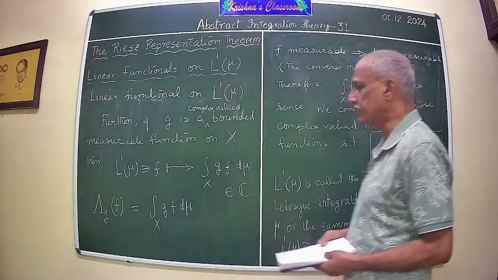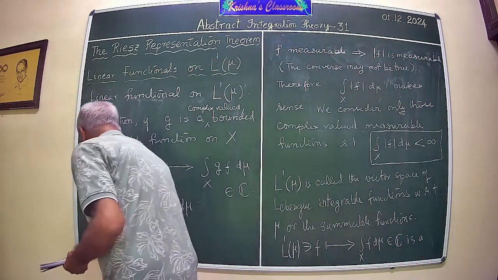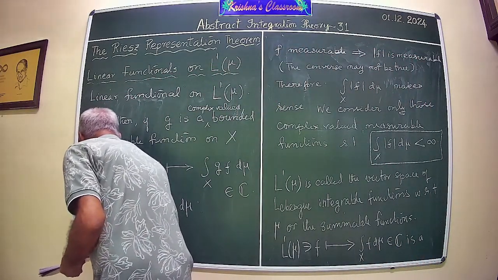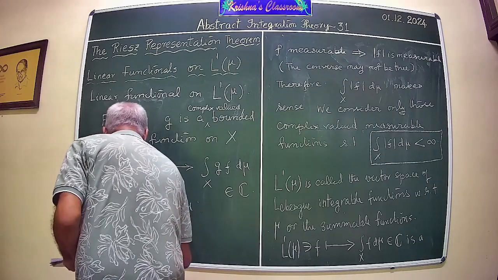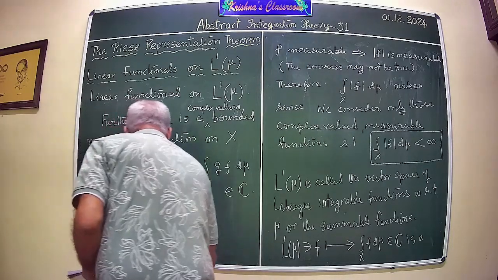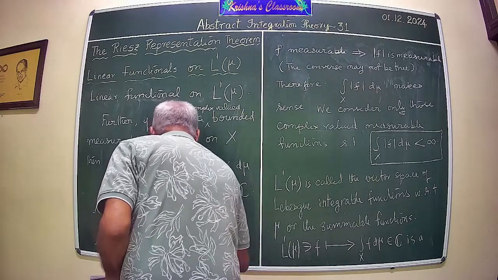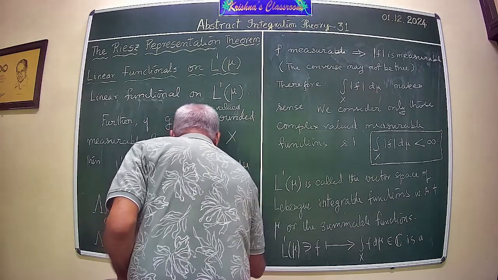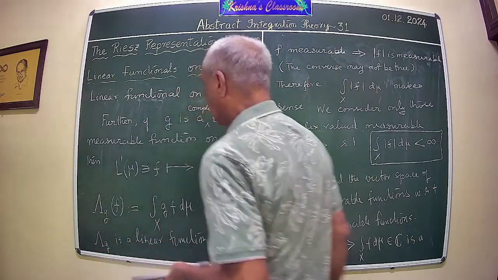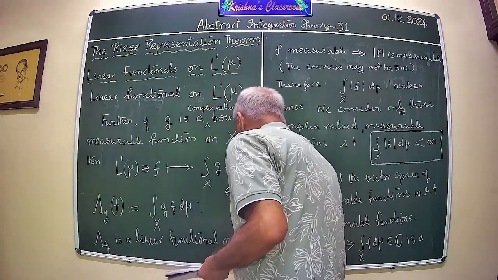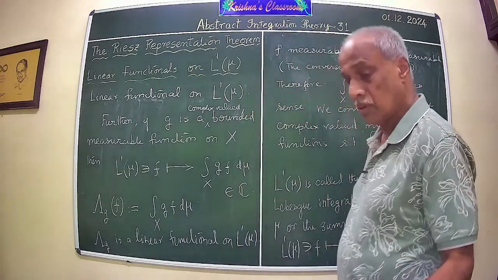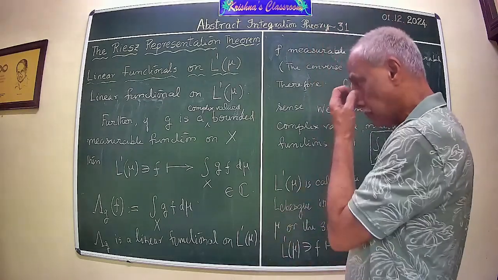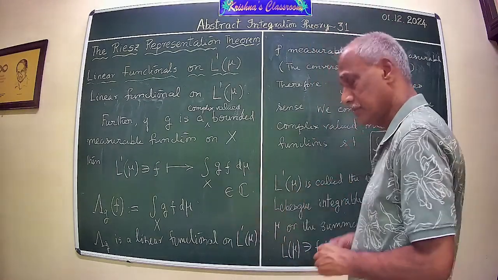Now you can easily show that lambda G is a linear functional on L1. That's very easy to verify.